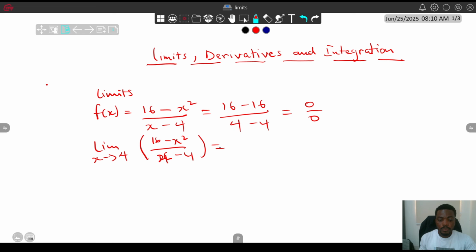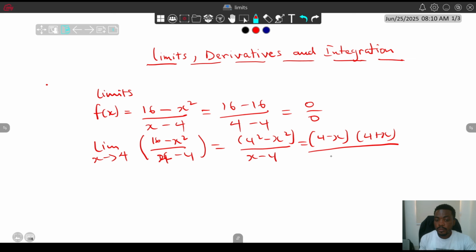We can simplify this, applying the difference of two squares: 4 minus x, 4 plus x, all over x minus 4.